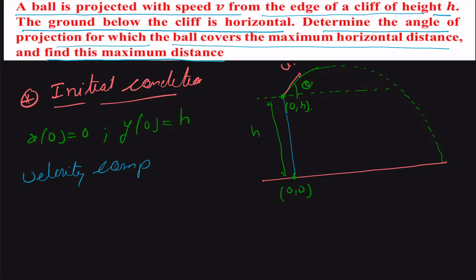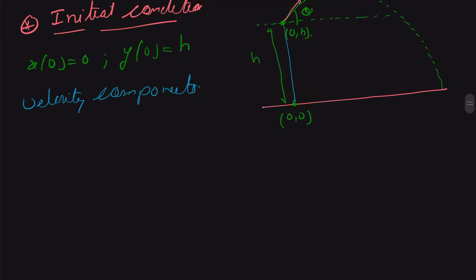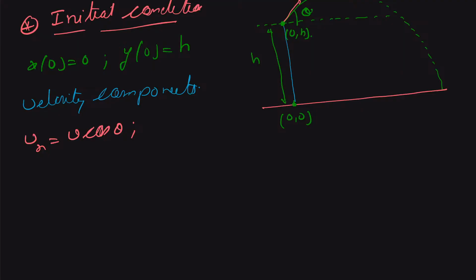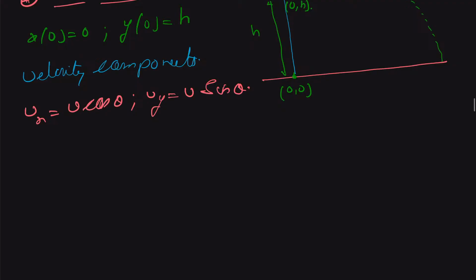Velocity components: first is our v of x, which will be equal to v cos theta, and second is our v of y, which is equal to v sine theta. Now we can write the equation of motion.